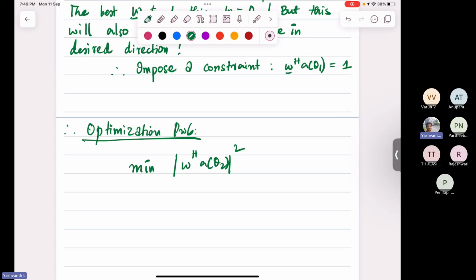I want to minimize the response in the undesirable direction with respect to the overall set of W's, such that you still maintain a non-zero response in your desired direction. Is this clear?